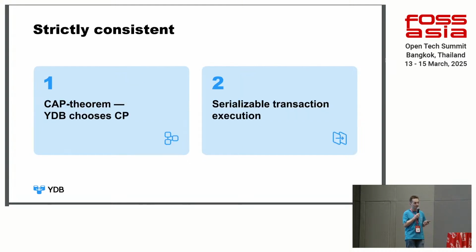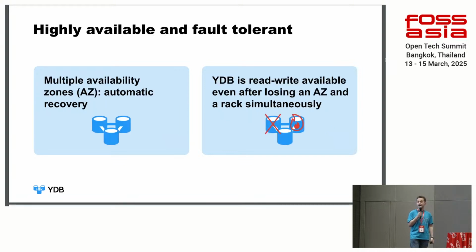In case of partitioning, we choose consistency over availability. So we actually choose CP, which is very important for application development and for important data. We have serializable transactions. It simplifies application development a lot. It makes us a mission-critical database for mission-critical data.